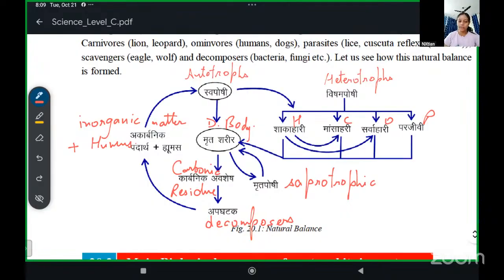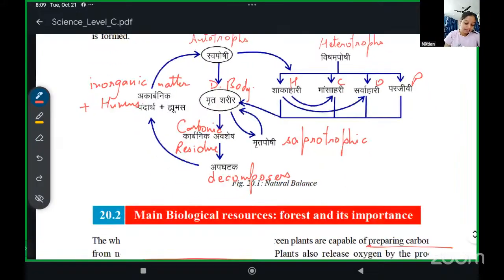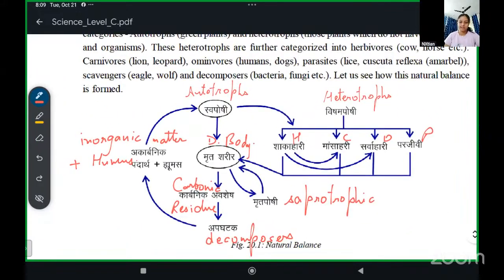Okay, saprotrophic nutrition. So this is about your natural balance. Now there are animals which are divided into two categories: autotrophs, which prepare their own food with the help of sunlight, inorganic matter, humus, and carbon dioxide.